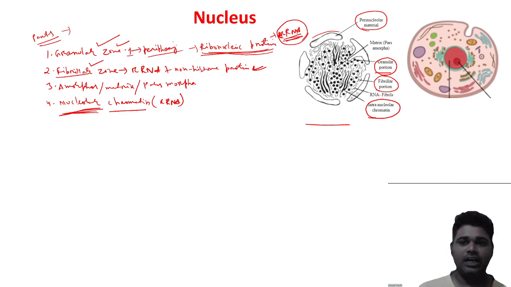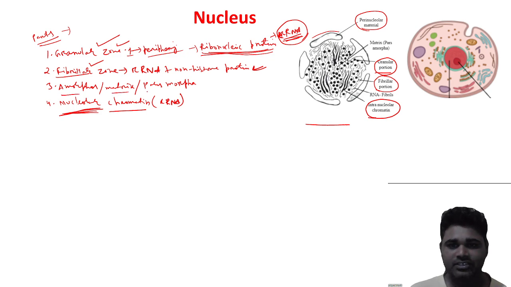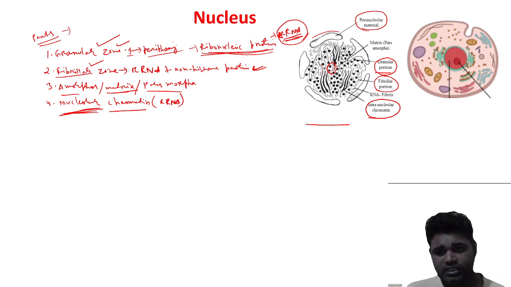Okay. The third one is the amorphous zone, or the matrix, or the pars amorpha. Look at the structure, like the cytoplasm, the middle part, or simply the matrix, at the exact center. It is called the amorphous or the matrix or the pars amorpha. And the fourth one is the nucleolar chromatin.